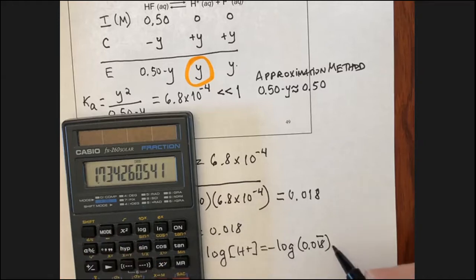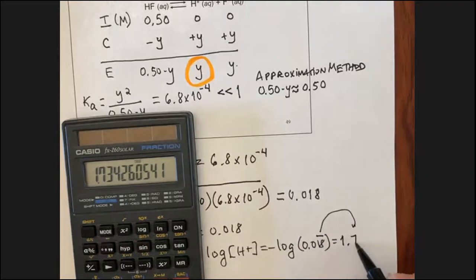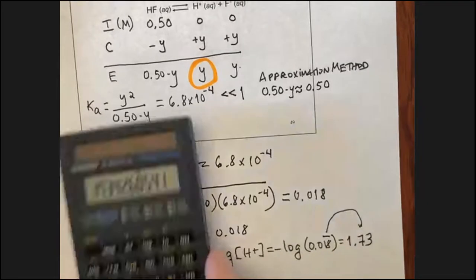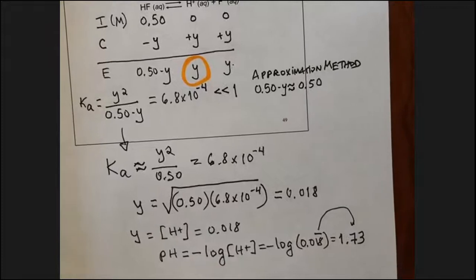So the 1 does not count towards sig figs. I need 2 decimals for 2 sig figs. So I'm going to round this to 1.73. And that would be the pH of this solution.